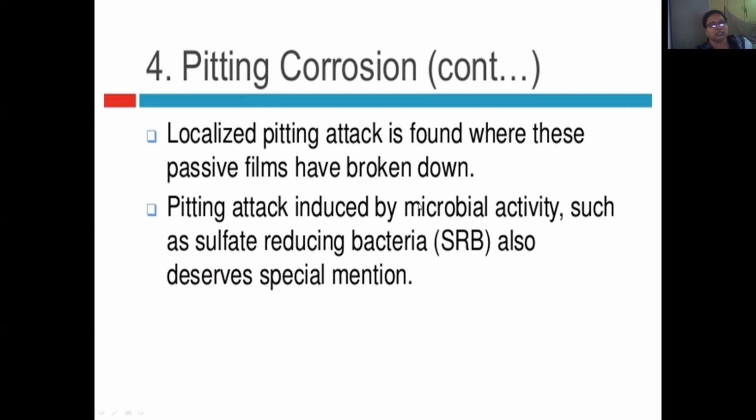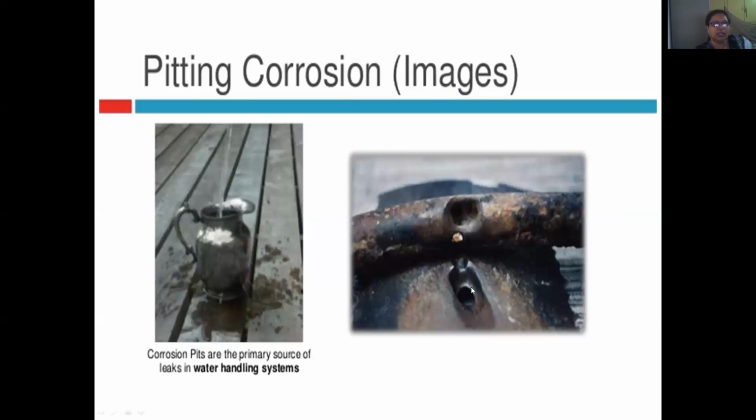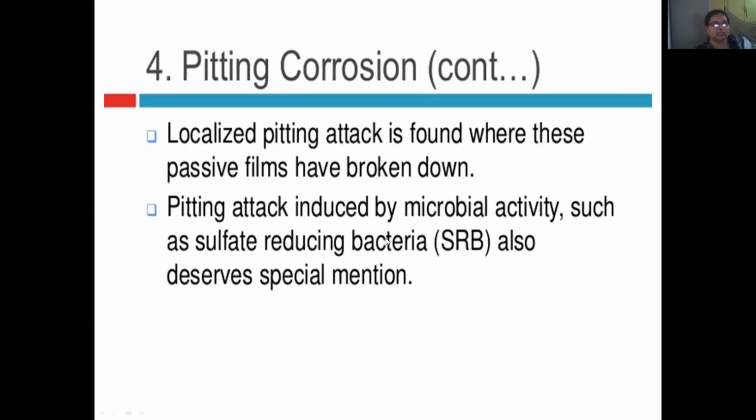The pitting attack induced by microbial activity such as sulfate reducing bacteria also deserves special mention. So pitting attack is also influenced by microbial activity like sulfate reducing bacteria, not only by corrosion, it is also by bacteria.